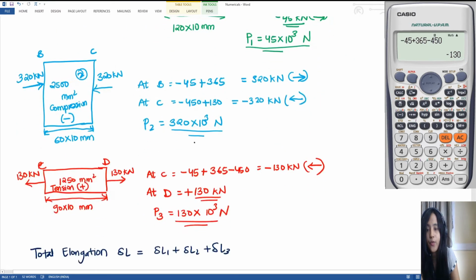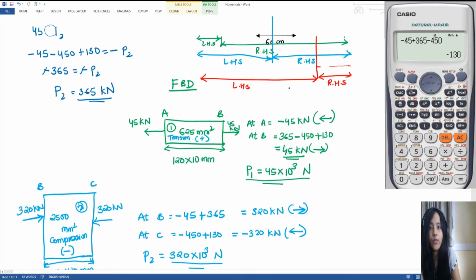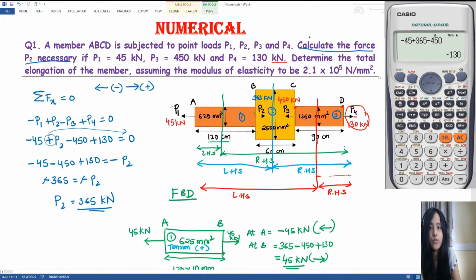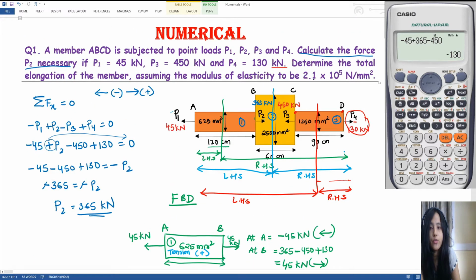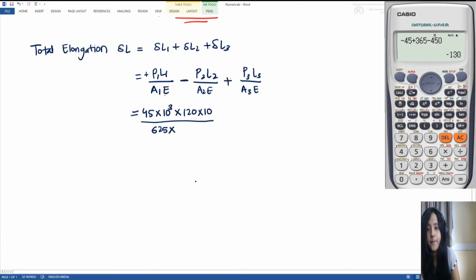Area was 625. Into, how much was modulus of elasticity given in the question? It was equal to 2.1 into 10 raised to power 5. So this is our del L1.